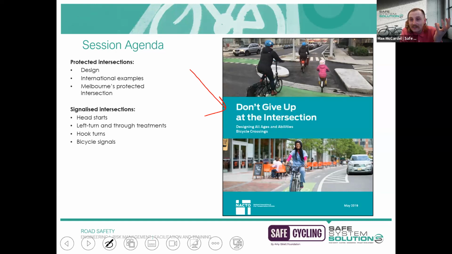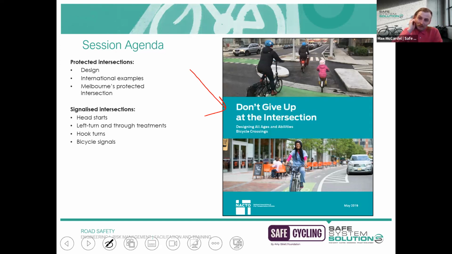And so it's either left as a bit of a free-for-all, or it's not necessarily the priority. So we don't want to give up at the intersection. We acknowledge that cyclists tend to feel that intersections are the weak part of the chain and where they tend to feel most stress. So we'll go through some examples of what we can install to better improve that perception of safety and the actual safety benefits as well.